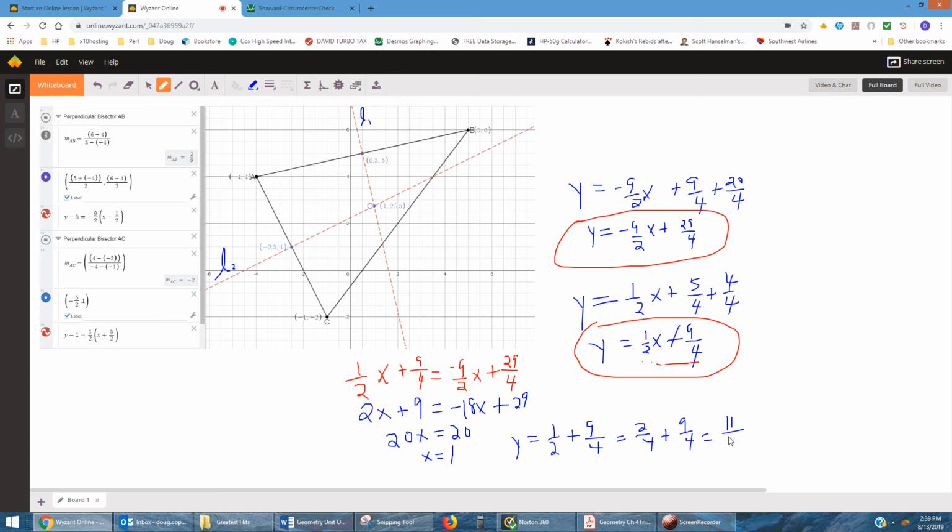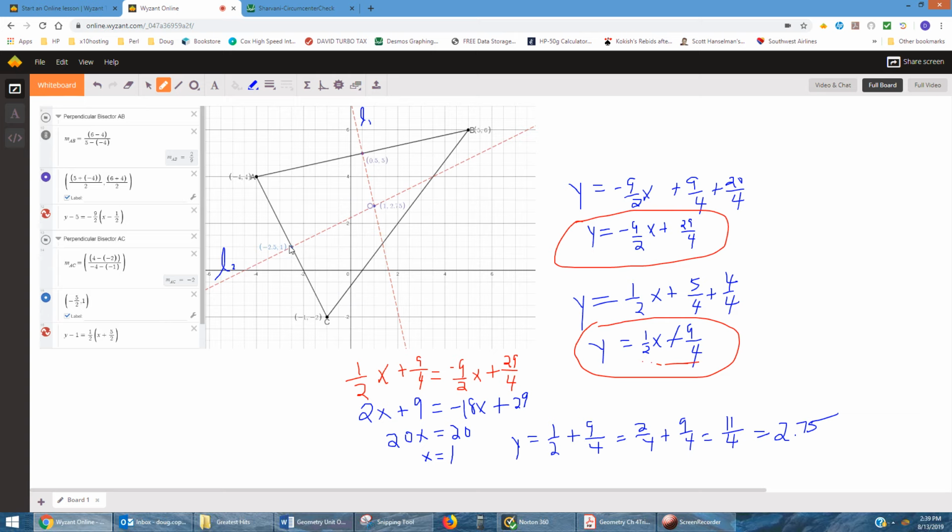And as Desmos depicted it, that's the same as 2.75. So the circumcenter has these coordinates right here, 1, 2.75.